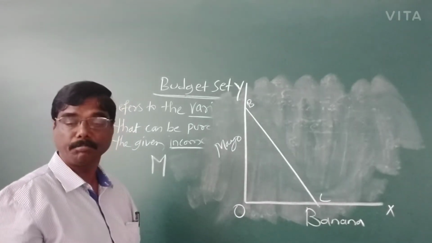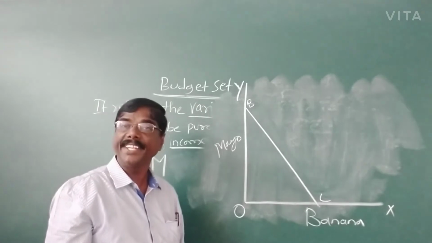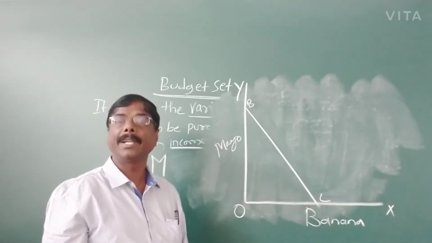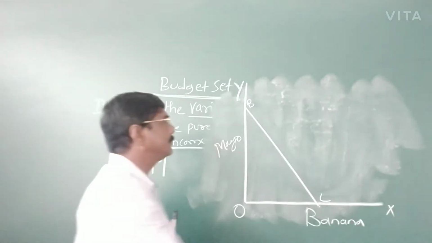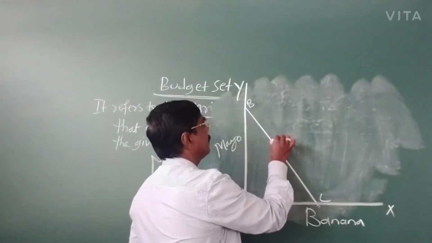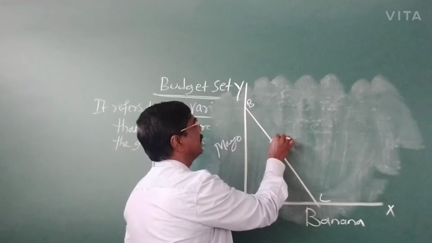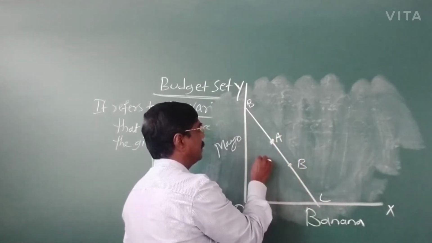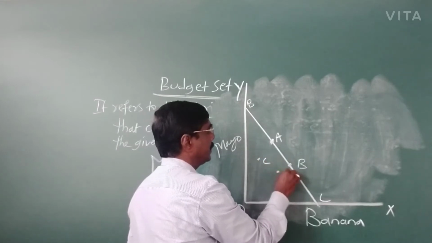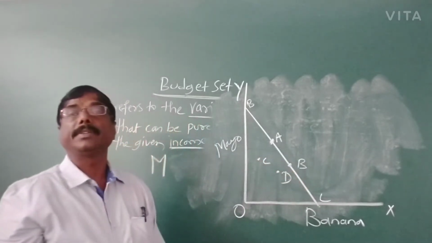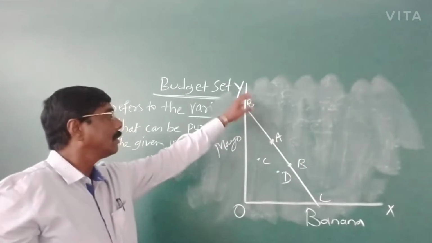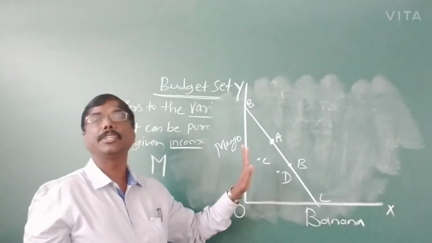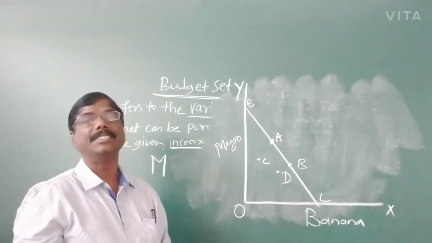Here there are various combinations of two goods available to the consumer, say mango and banana. There are A, B, C, D combinations available to the consumer.